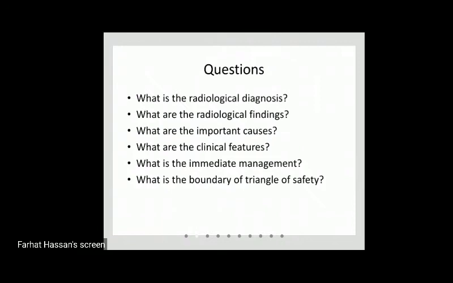Yes, the flail segment is isolated from the remaining chest wall. So during inspiration there is no expansion of the lung, there is hypoventilation and paradoxical chest wall movement. Flail chest is a life-threatening chest injury.